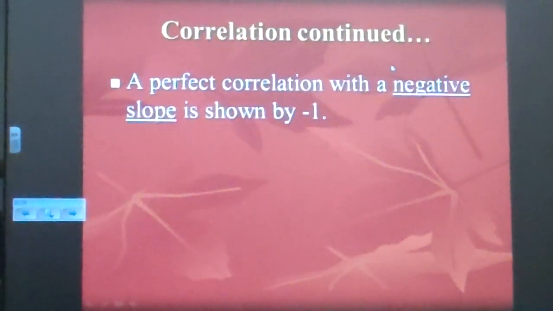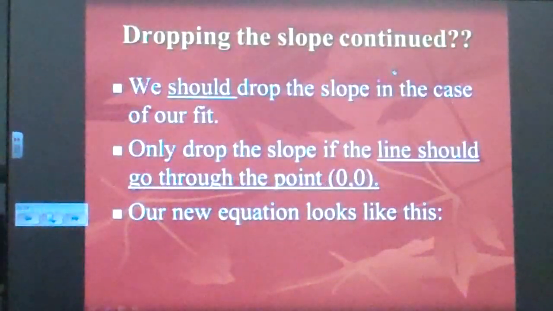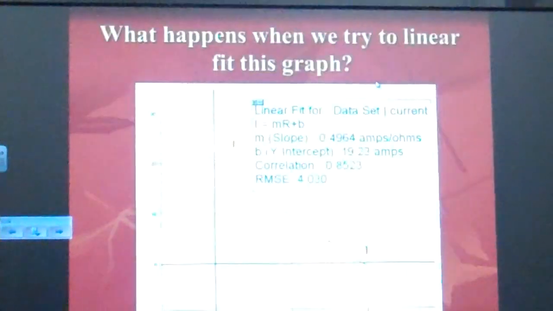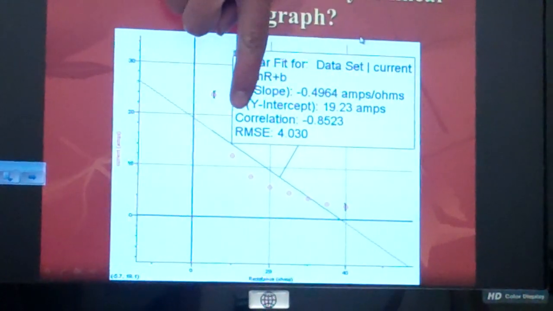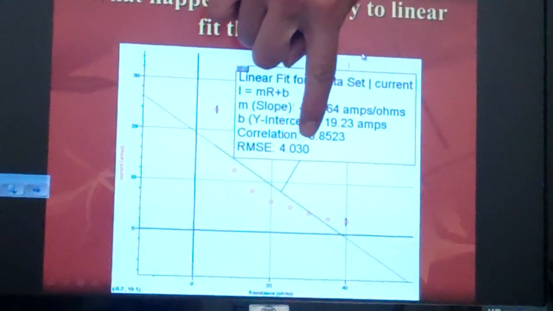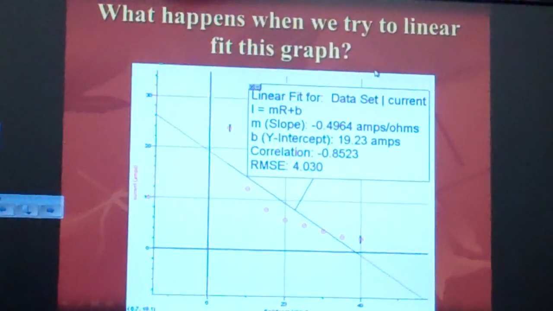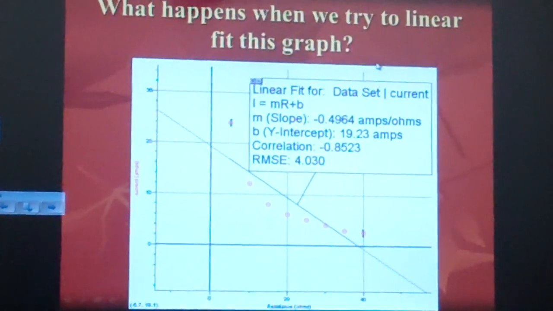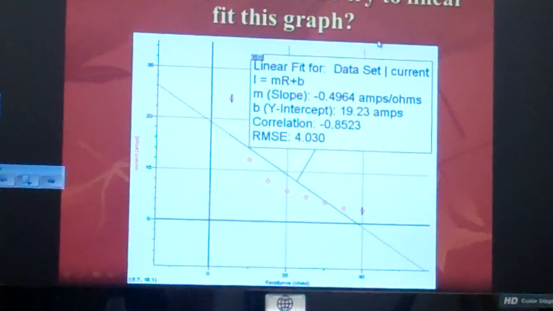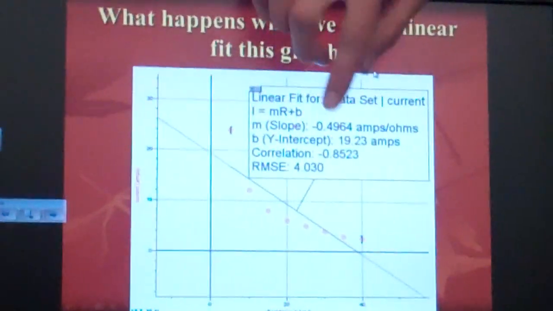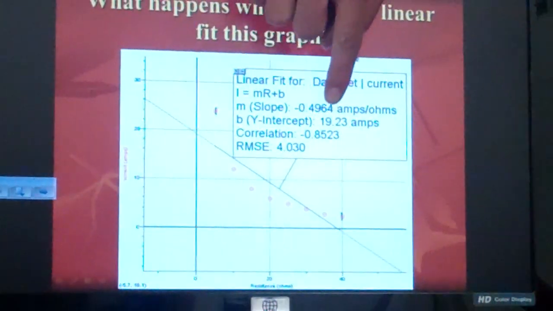So let me show you that here. If I go back all the way to the beginning. Okay, when we did this fit here, if you notice, here's where it says the correlation. -0.85. It's not the negative that makes it not a very good correlation. It's the 0.85. Now 0.85 might be at times the best you can get. But in this case, it clearly shows a trend and the correlation is low.